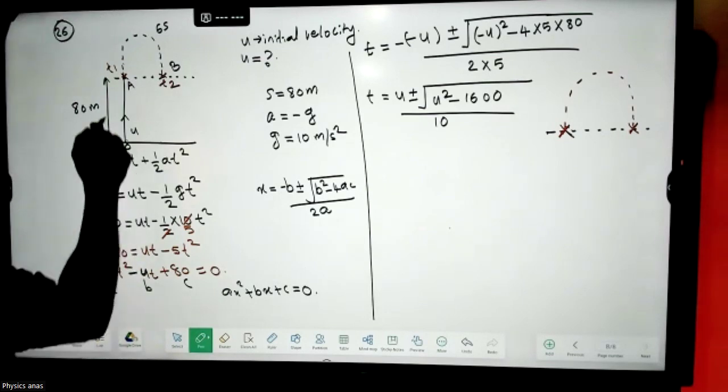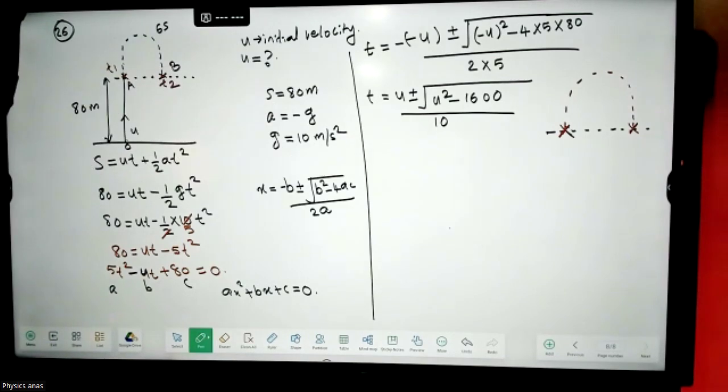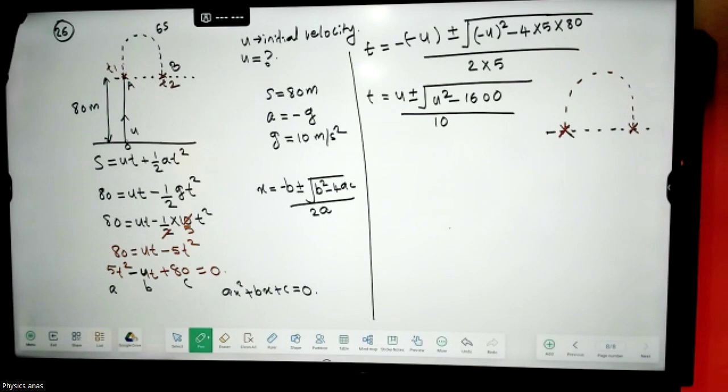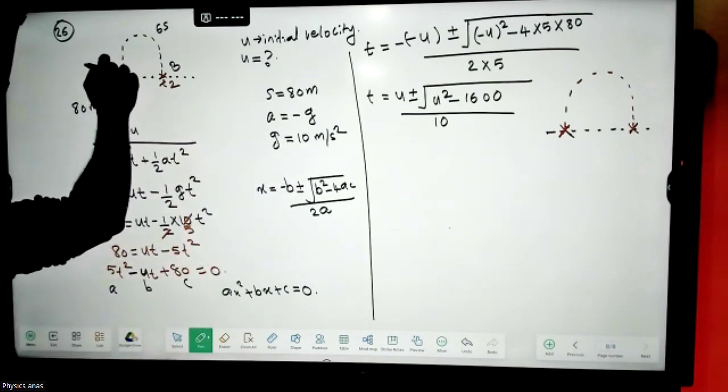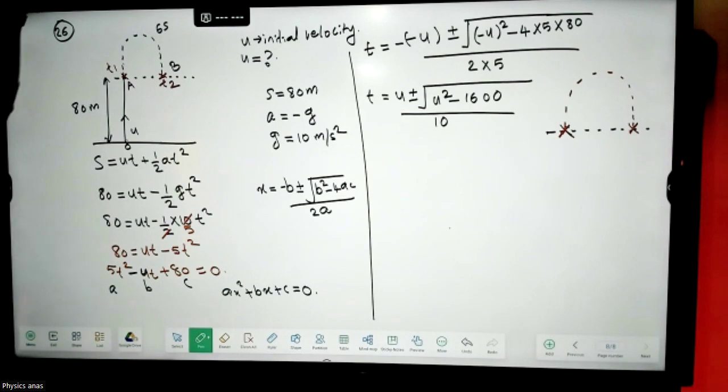The first value of t will be t1. The other value of t will be t2.